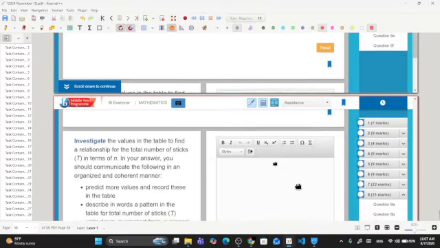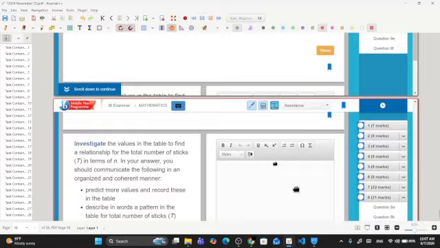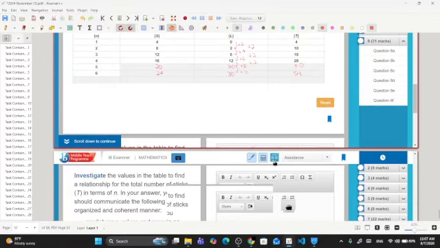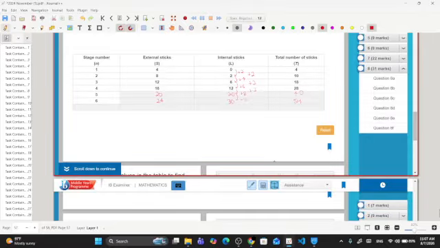Describe in words a pattern for the table for total number of sticks T. Okay. So looking at this, what sort of a pattern do we have?